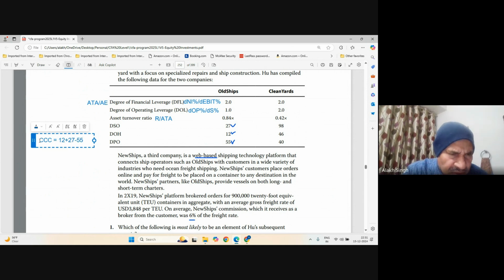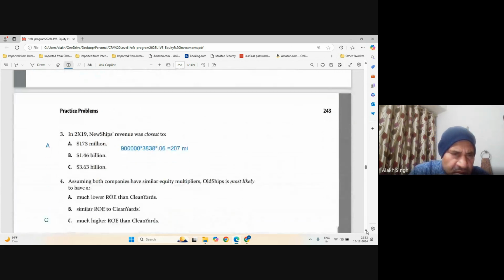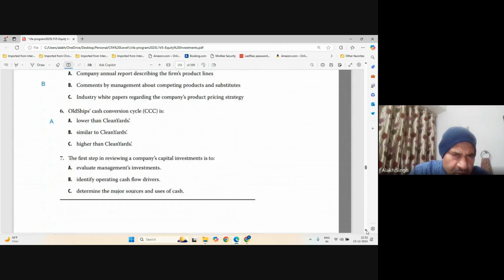It is negative, which is equal to minus 16. So actually it is very good. I should take it there. Control A, then Control X, and I will paste it there. Cash conversion cycle here.